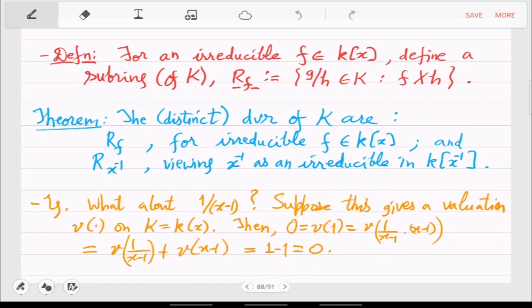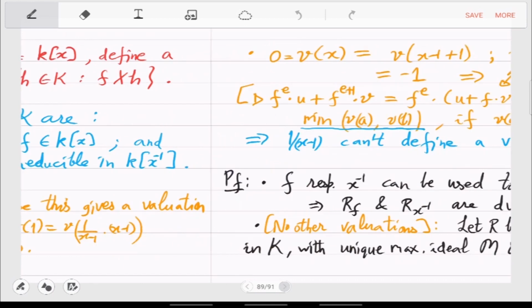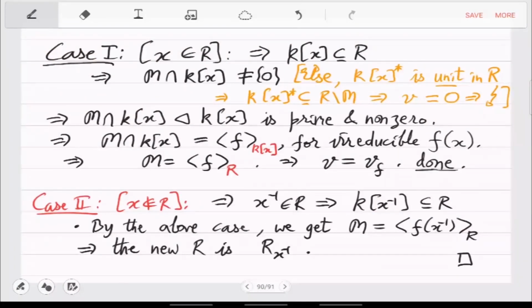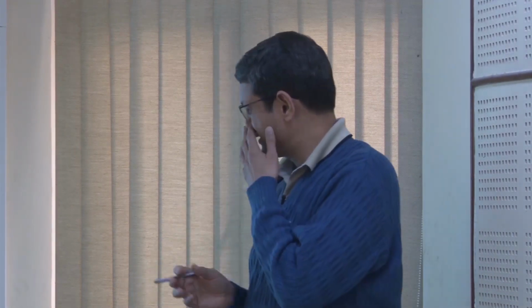From here, when you want to go to curves, we prove that M is generated by F of X inverse, for some irreducible F. Then you said new R is R of X. Say F was X minus 1. We showed earlier that can't be possible.